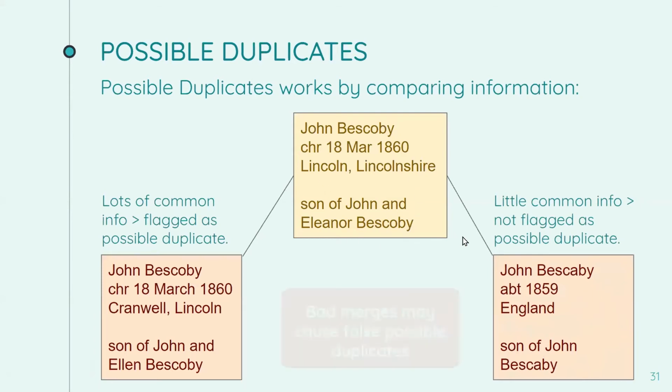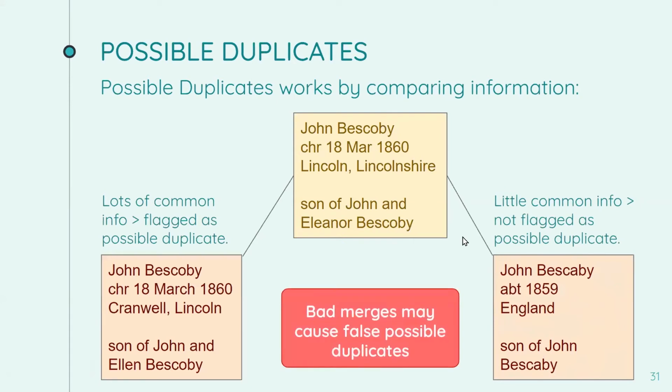To complicate matters, bad merges can cause false possible duplicates. Think about it. When you merge two people that are not really the same person, the information gets combined that really shouldn't have been combined. Then the system is going to say, oh, this person looks like they were born here and died here, and we're going to suggest this other possible duplicate, but it's based on incorrect information from the merge.